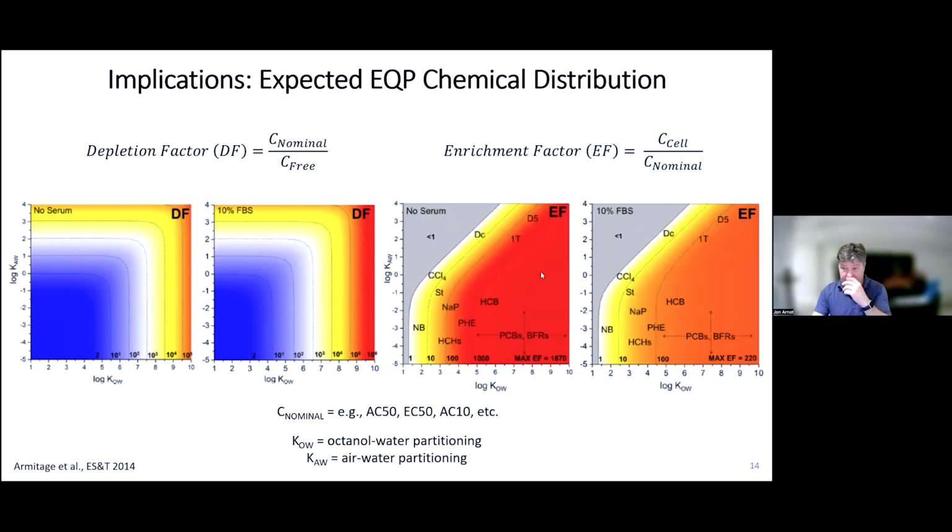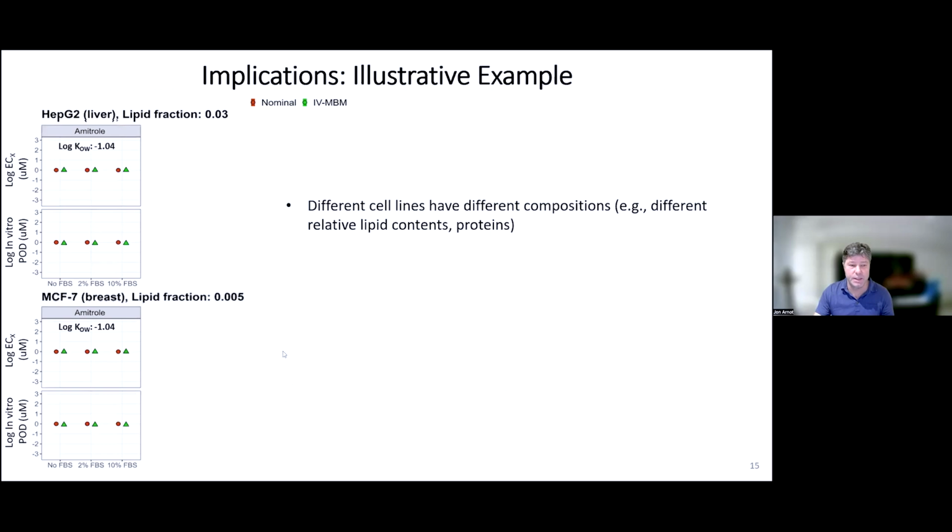And this is just again to show you that this is a real factor when it comes to interpreting and understanding the results of your chemical distribution, depending on the properties of the system and the properties of the chemical. Again, published if you want to look at this in more detail.